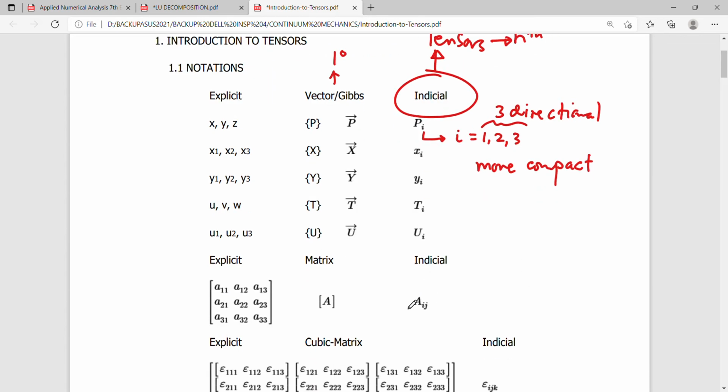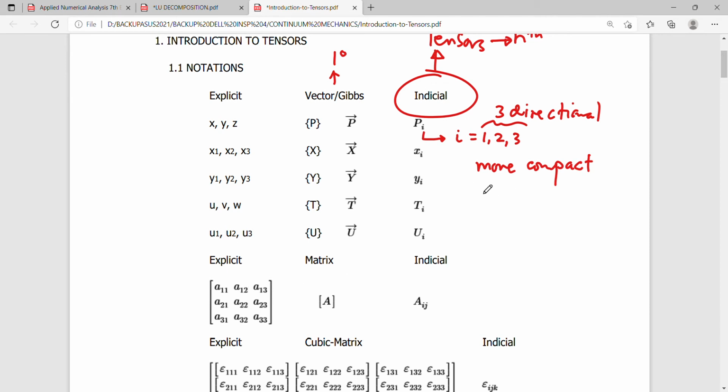Okay, so for a matrix notation, we can see very well how compact the matrix and the indicial notations are compared to the explicit notations. You still have to write this in a very explicit manner, while you can only write it to represent the matrix A. Okay, so if you're just using a form of a manuscript to represent a matrix, a 3 by 3 matrix at that, you don't need to write everything. No?